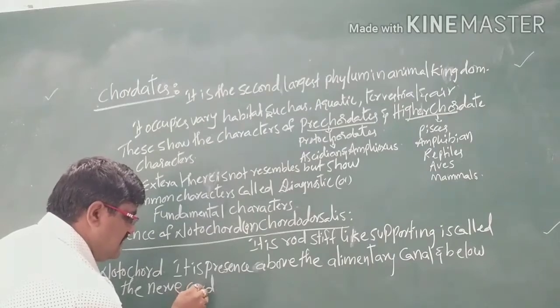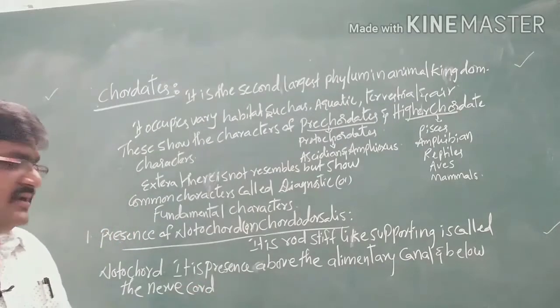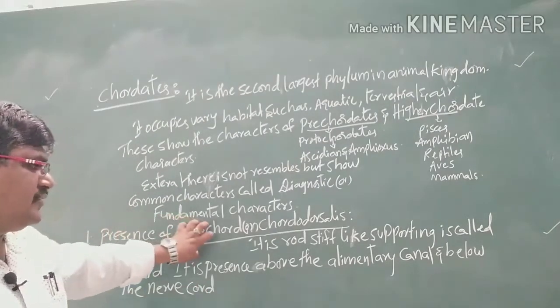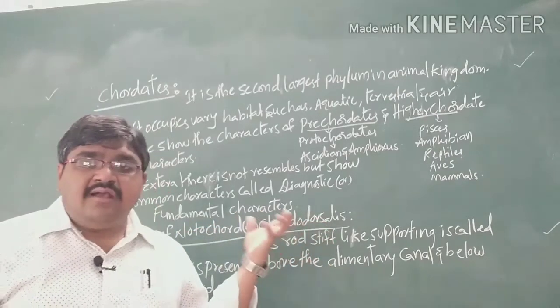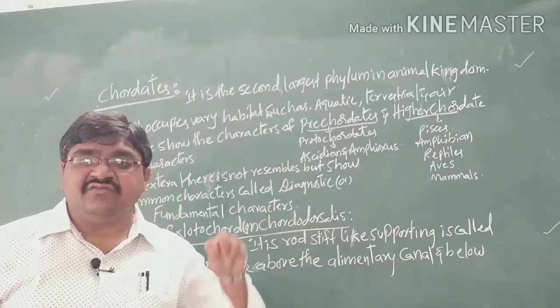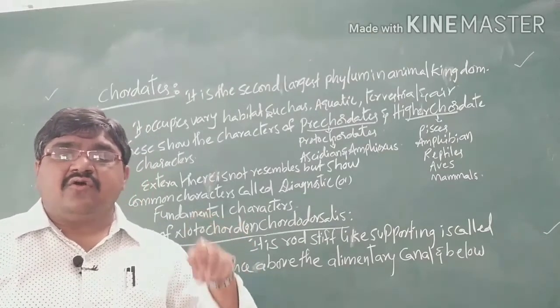So the first one is the presence of a notochord, a stiff rod-like structure which gives support. That is called a notochord.